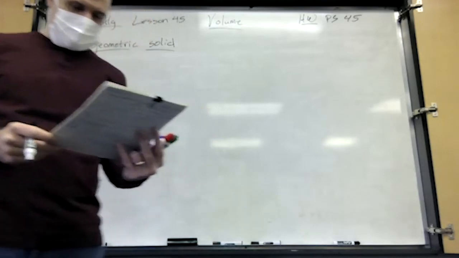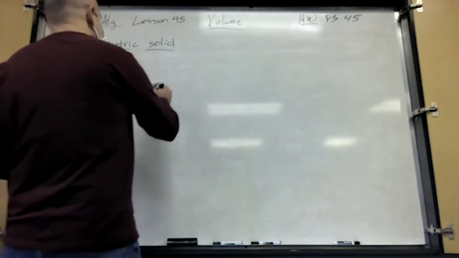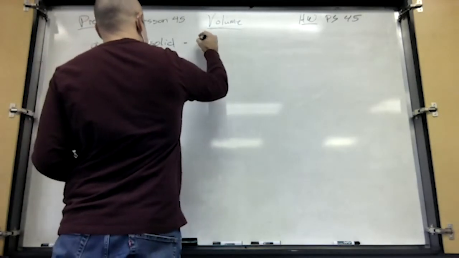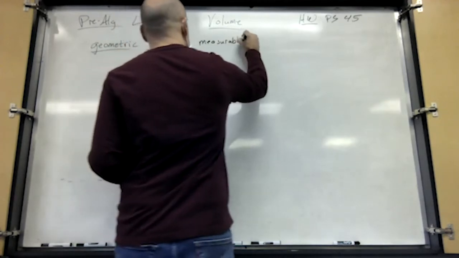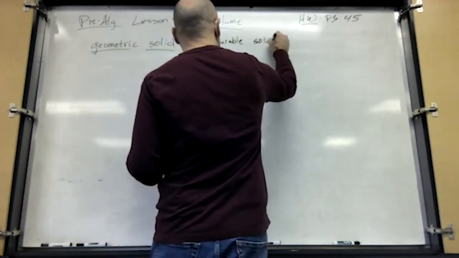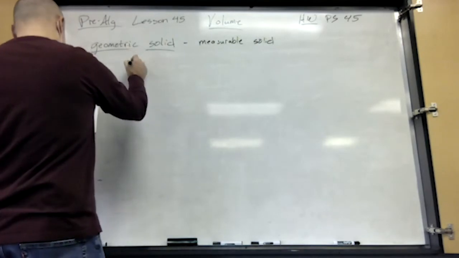Okay, so here's the deal. A geometric solid is a measurable solid, okay? And we sometimes call it a geosolid.